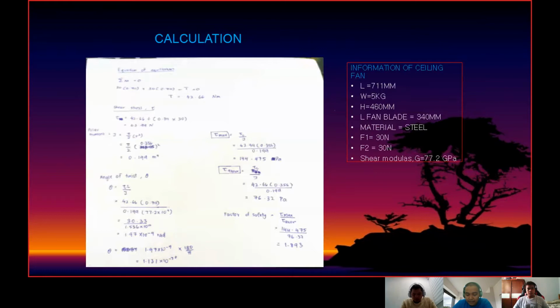For the T max, we get 144.475 Pascal, and the T allow we get 76.32. We also calculate the angle of twist equal to 1.97 times 10 to the power of negative 9 radian. And from the T max and T allow, we calculate the factor of safety, which is 1.893. Okay, next.